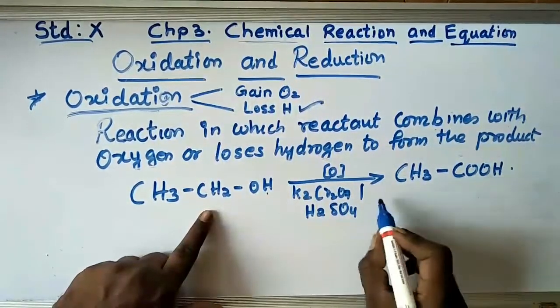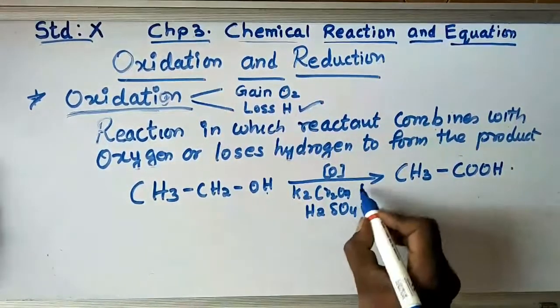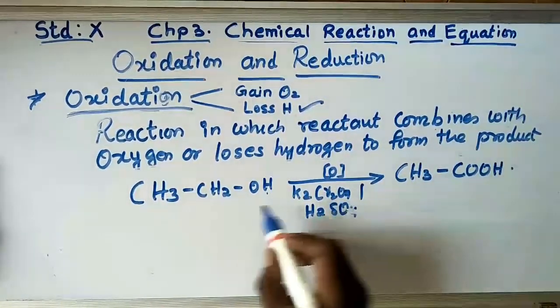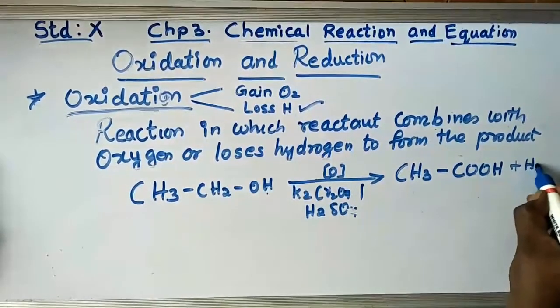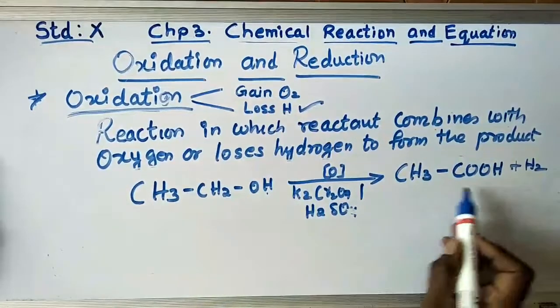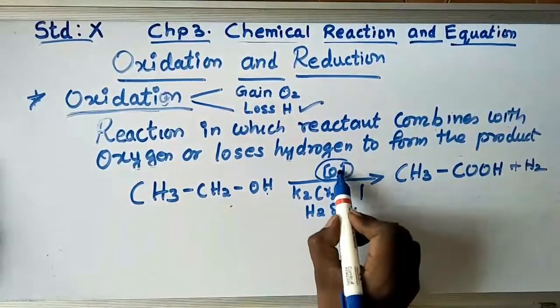So what reaction are you seeing here? Because of adding this catalyst here, hydrogen is removed. So loss of hydrogen means it is an oxidation reaction. This loss of hydrogen takes place only by adding oxygen to it.